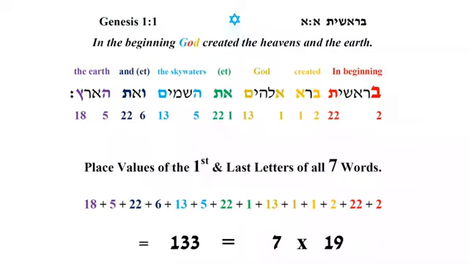Beit, the first letter, it's a red one there, is the second letter in the alphabet. And Tav, the last letter of Bereshit, is the 22nd letter. So I just put in the place values of each one. You add them up, it comes out to be 133, which is 7 times 19. Everything's divisible by 7 to the point of... okay.